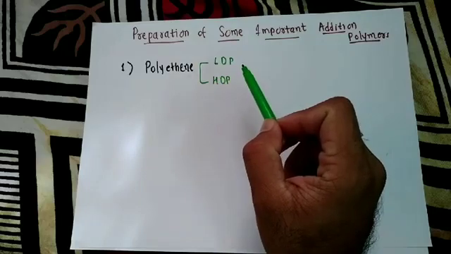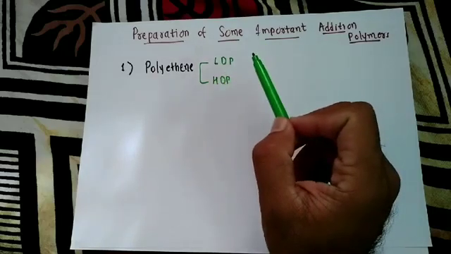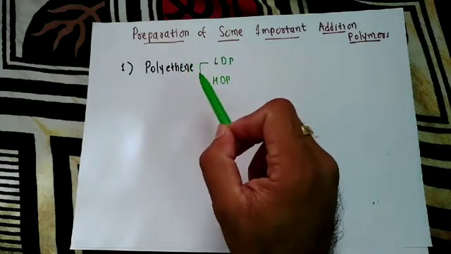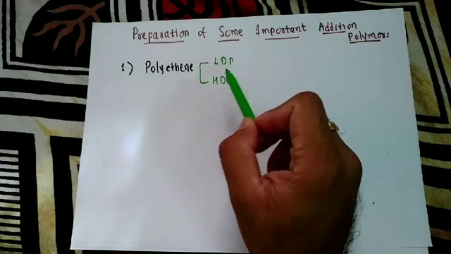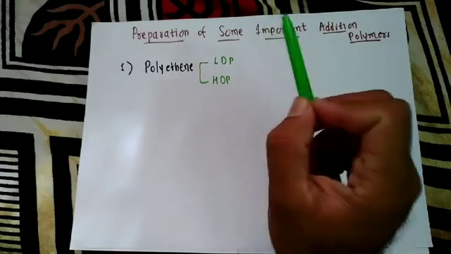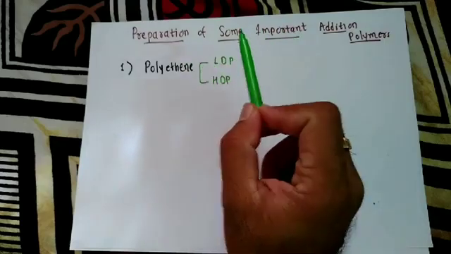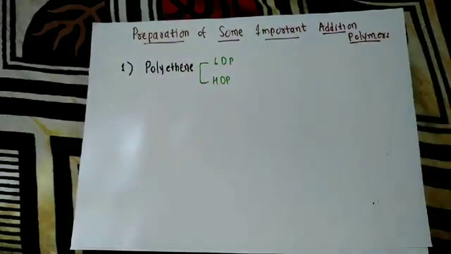There is a difference in their density, and their preparation varies much. First of all we are going to discuss LDP, low density polythene.